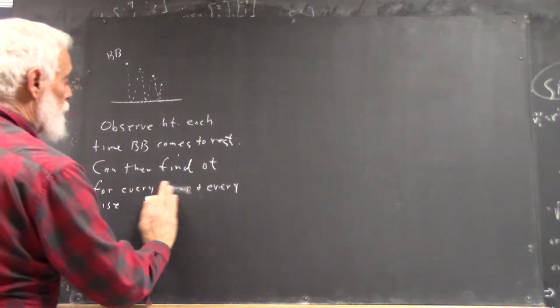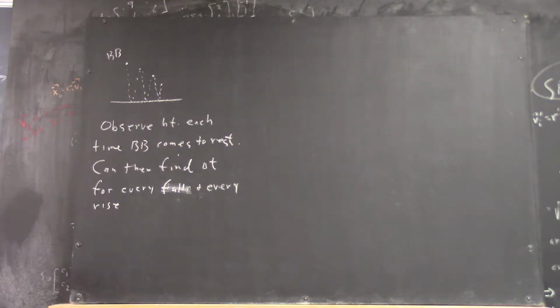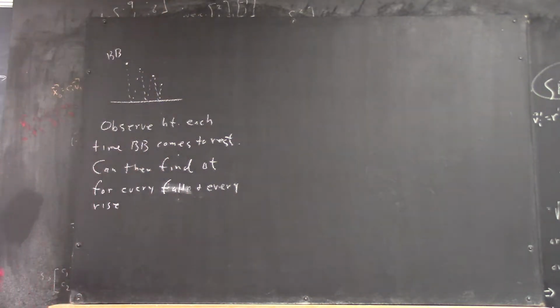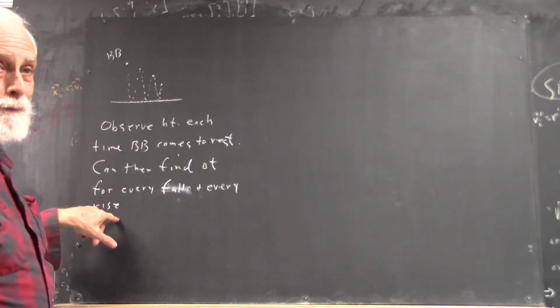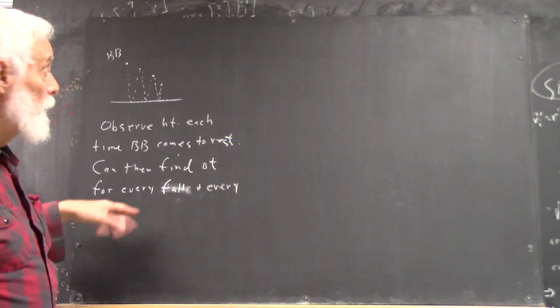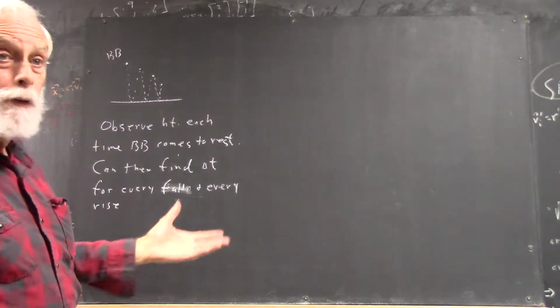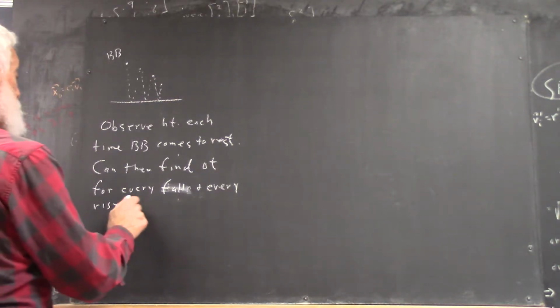And I should probably say every fall and every rise, right? Okay. Now, how do you find the delta T for every rise and fall? Well, between collisions with the table, it's in free fall. Okay?